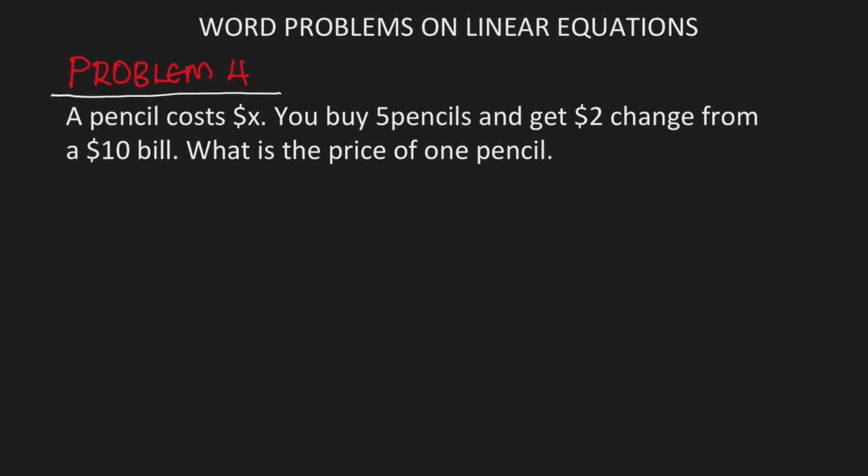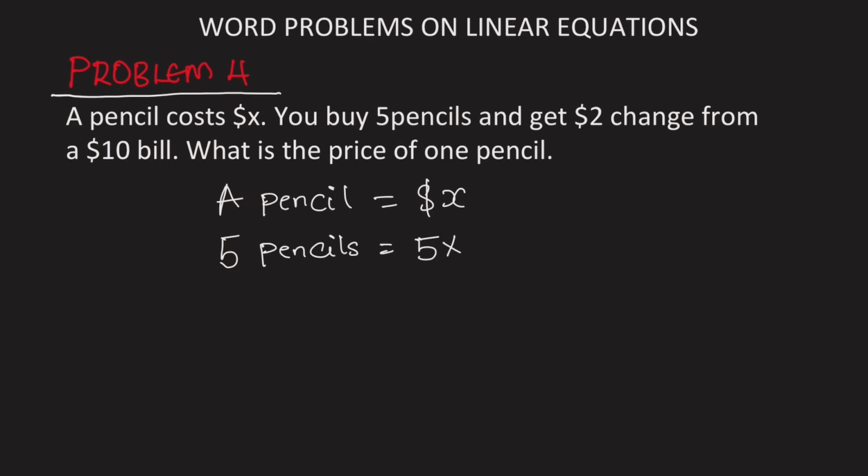So from this question, we know that a pencil is equal to X dollars, and we got 5 pencils. So 5 pencils would be 5 times X, which is going to be equal to 5X dollars.